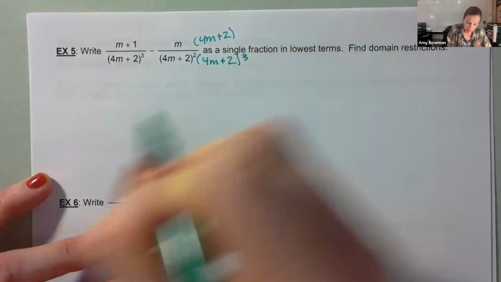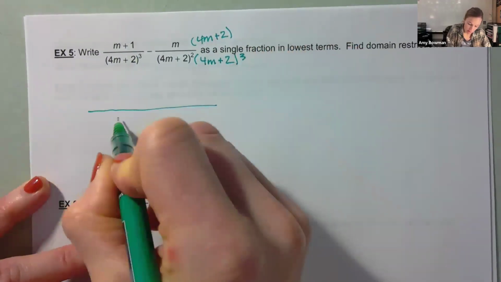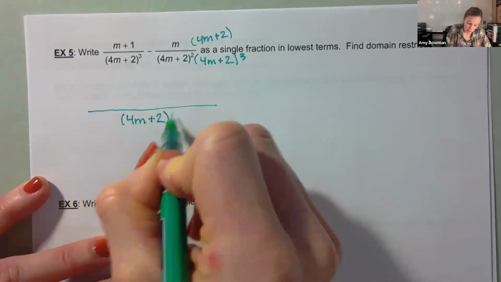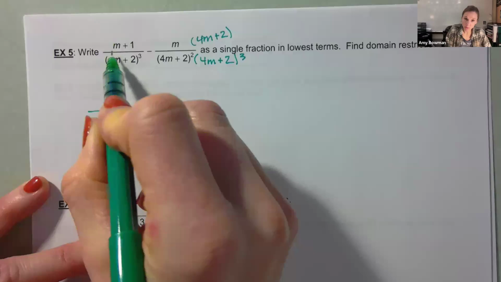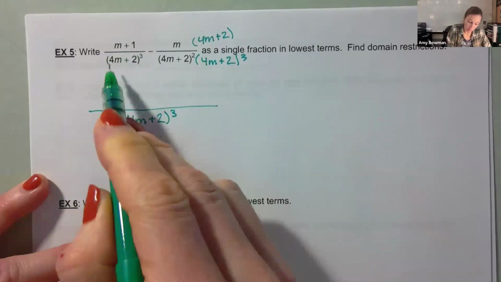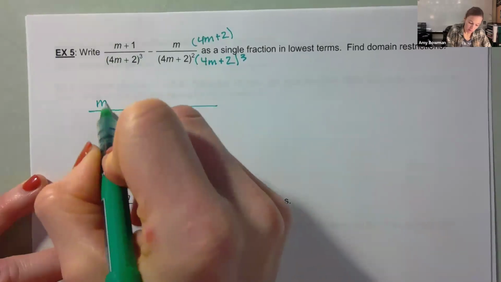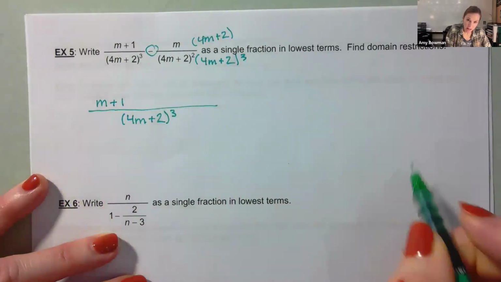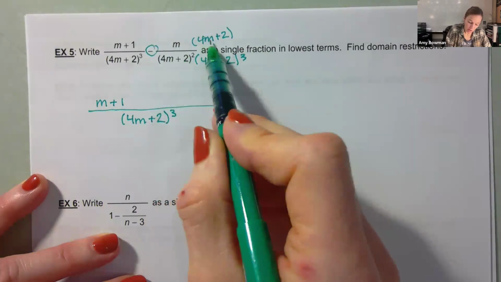So my new fraction has 4m plus 2 cubed. My numerator will be the difference of m plus 1. Now that we have the same denominator, I can subtract m times 4m plus 2.